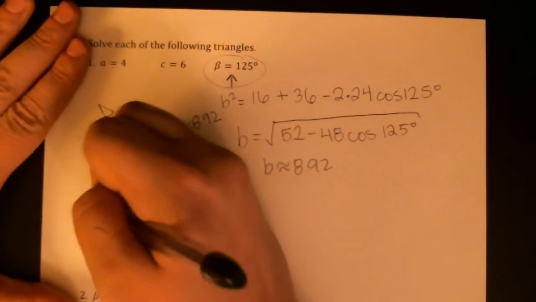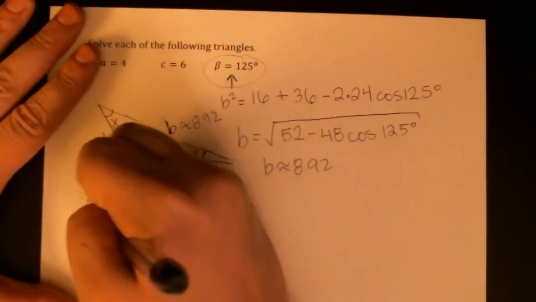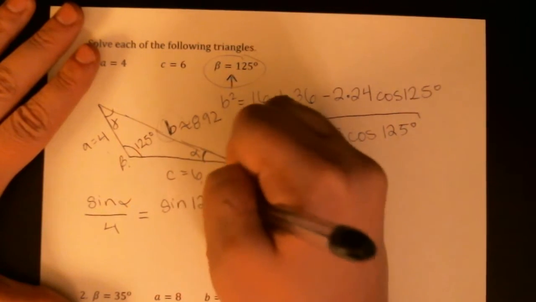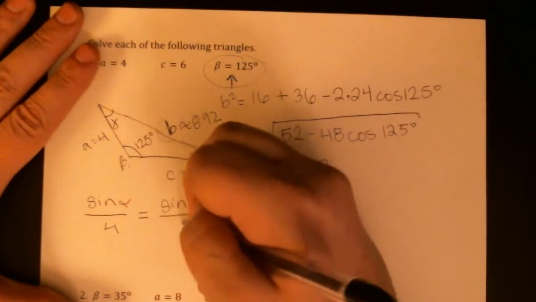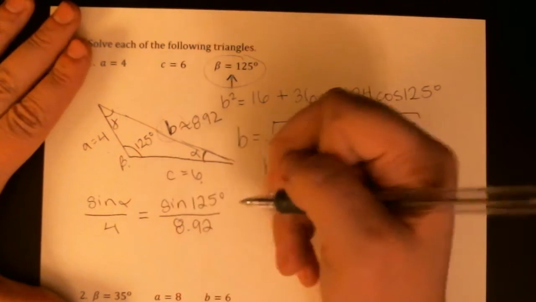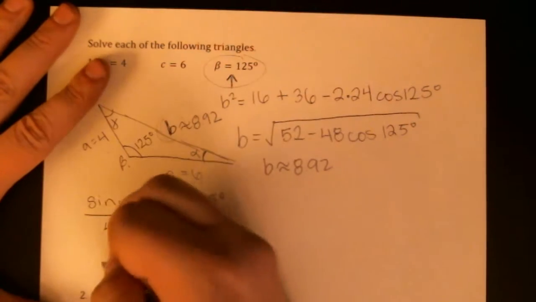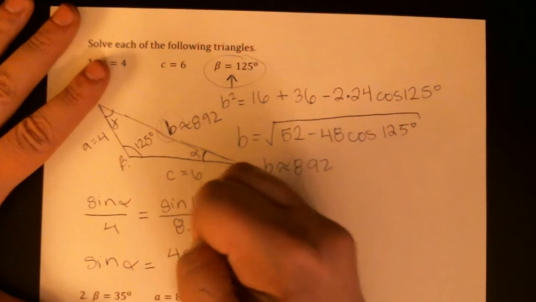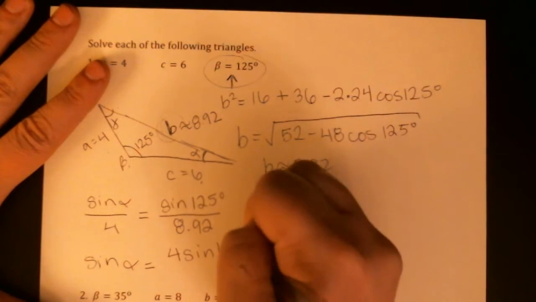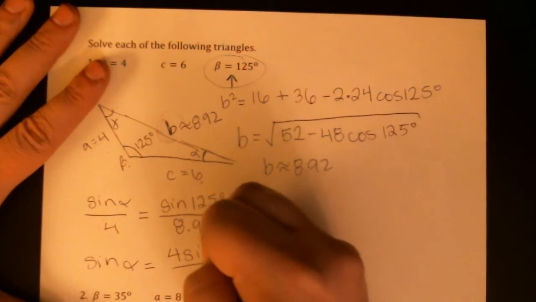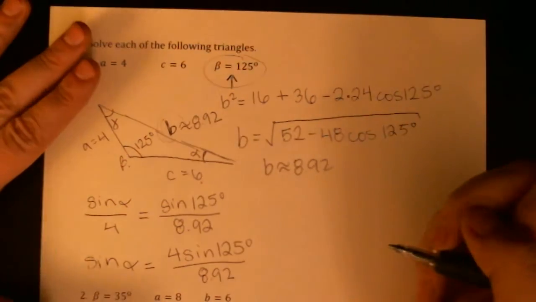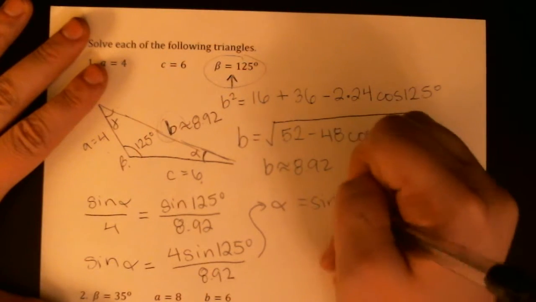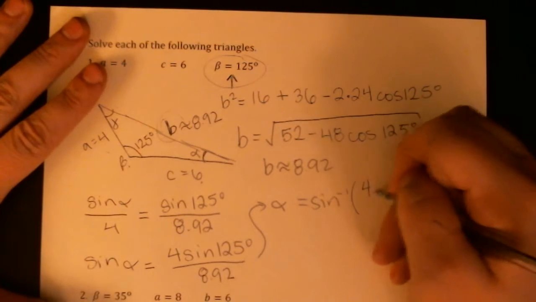Sine of alpha over 4 is equal to sine of 125 degrees over 8.92, which means that sine of alpha is 4 times the sine of 125 degrees over 8.92, which means that alpha is the inverse sine of all of that.